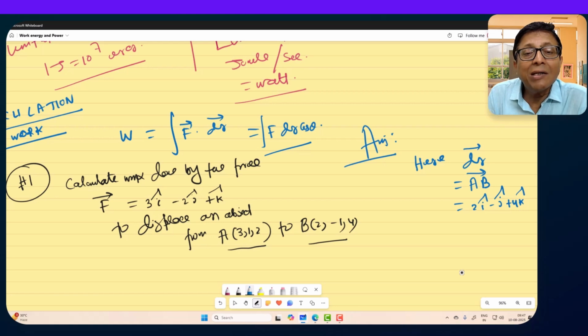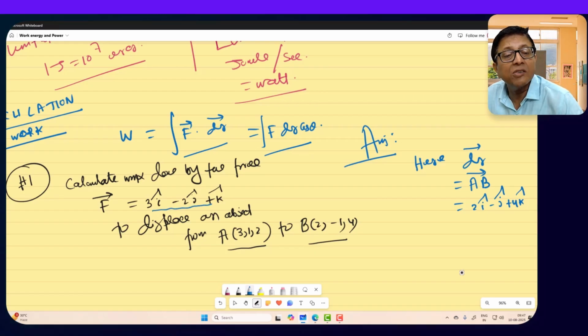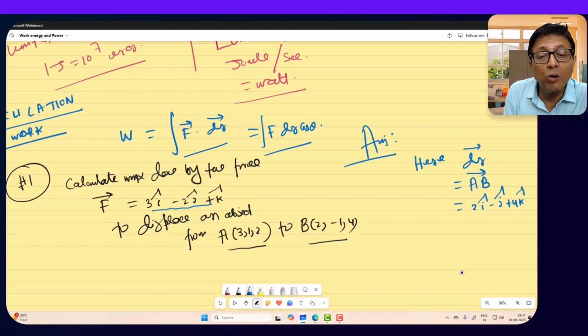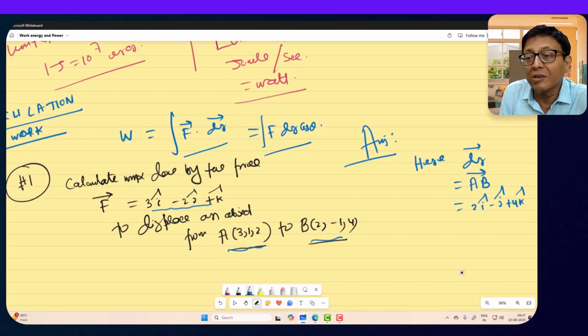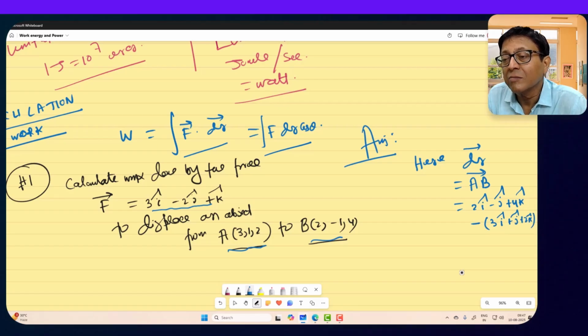Okay? But I don't want to take it in this form because the question I have asked is in terms of vectors. Here force is 3-dimensional. Displacement of the object is also 3-dimensional. So work done will be accordingly. Position vector of B minus position vector of A, 3i plus j plus 2k.